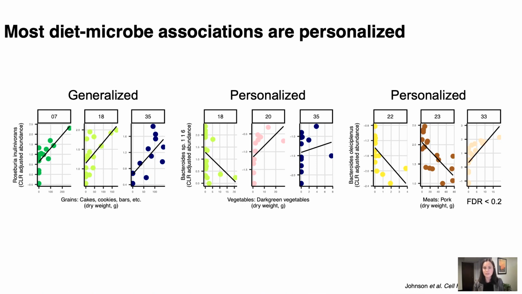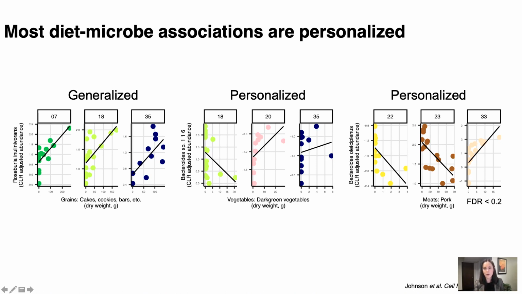And in some cases, individuals, for example, consuming dark green vegetables, that was correlated with a decrease in a specific Bacteroidetes species in one person, but an increase in that same Bacteroidetes species in a different person. So we start to understand that the microbiome community and how it interacts with food is highly personalized.